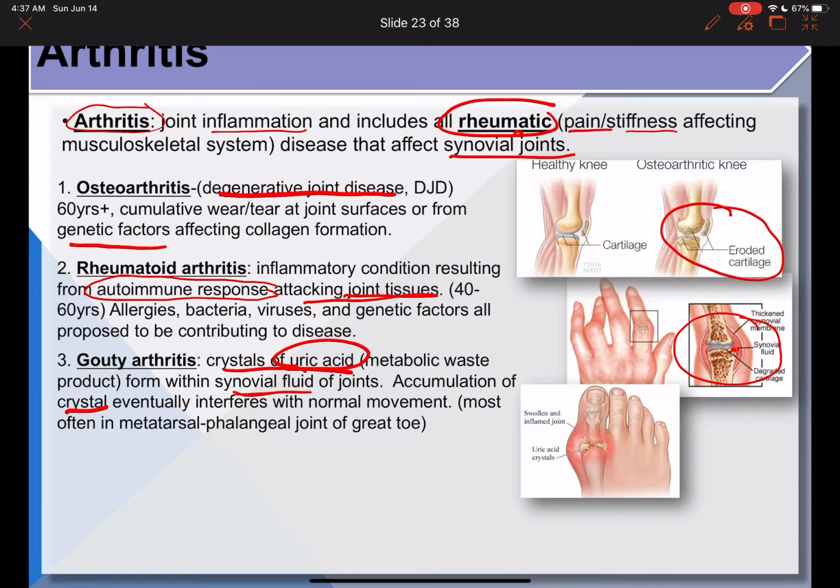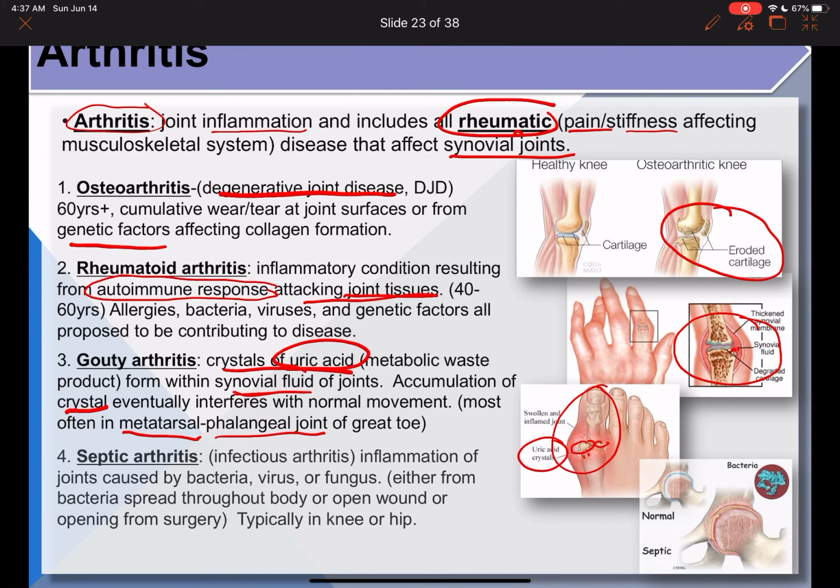But now you have these hard crystals in there instead of fluid, so that's why it will be painful to move. And most often it happens in the metatarsophalangeal joint of that big toe, just like that. And here's that uric acid crystal that's forming within that synovial joint.